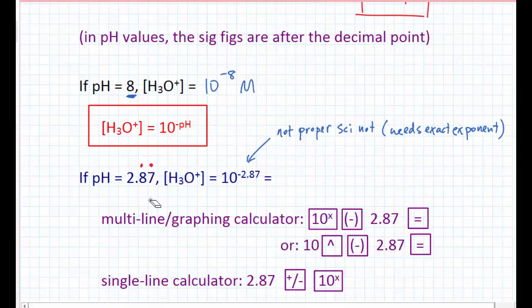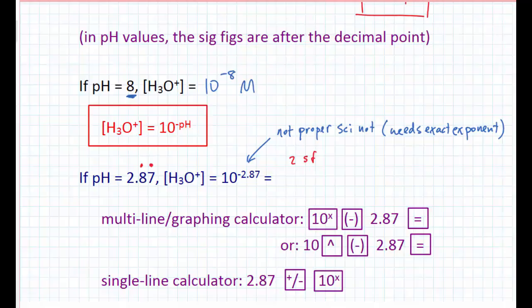So when I do a number over here, I need a number that has 2 significant figures in our answer. So it's sort of the reverse of what we were doing before, where the pH value at the end before had the decimal places. Now we're starting with the pH value. These will turn into the sig figs of our concentration. So it's just going backwards from what we did before.